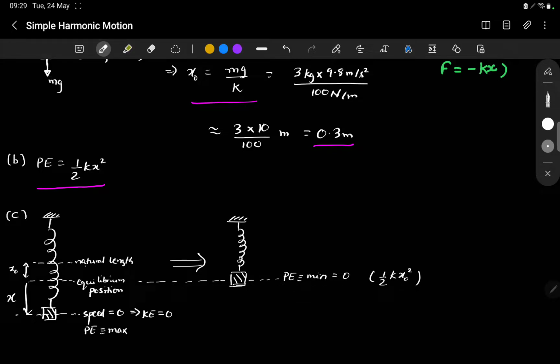So if potential energy is minimum, then from conservation of energy, kinetic energy is going to be maximum, because total energy needs to be conserved. This comes from conservation of energy, which says that total energy is equal to potential energy plus kinetic energy, which is conserved.